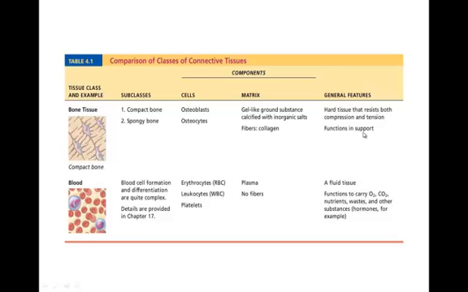It functions in support and protection, and blood is made in your bone, not in this type of bone, but in a different one. All the solid portion you see in here is made of collagen fibers, and bone also stores minerals, because the minerals are stored in this portion around the collagen fibers, like calcium phosphates. We would call those inorganic salts.